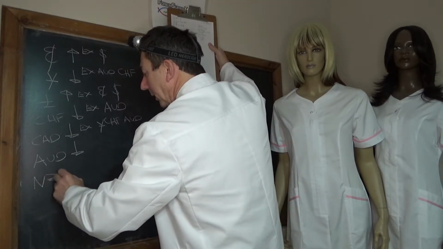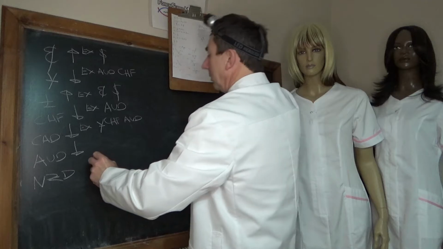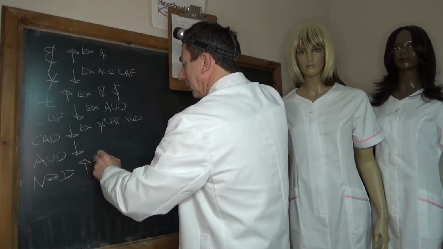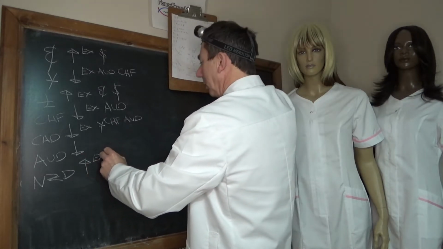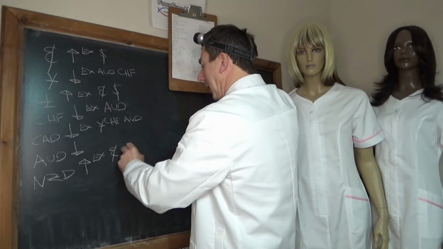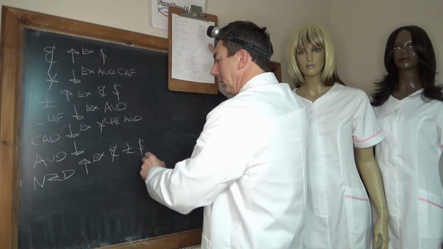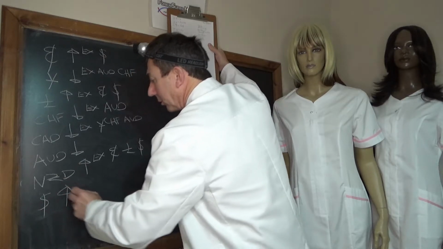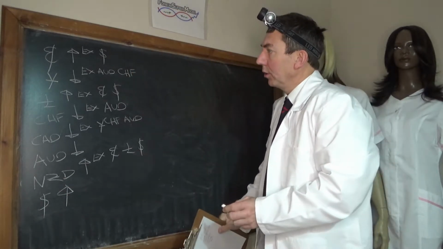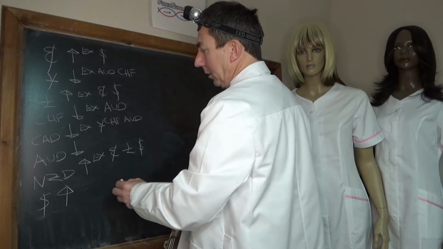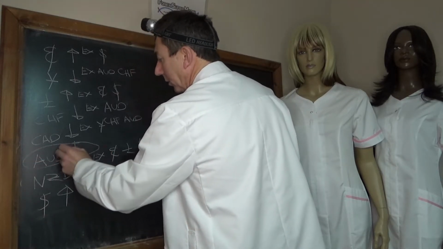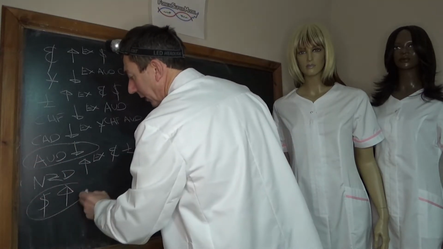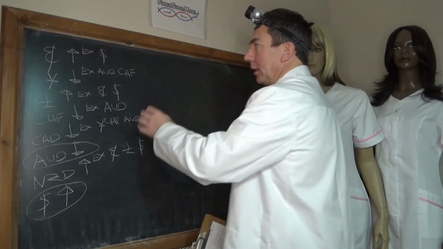The NZD is strong except against the euro, the pound, and the dollar. And the dollar itself is strong across the board. So what have we got then? We've got AUD weakness this morning, and dollar strength, and take your pick in the middle.